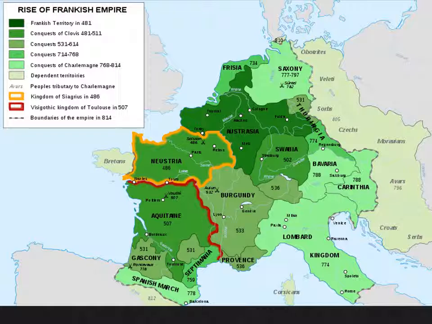He will expand the Frankish kingdom into this vast empire, which will incorporate much of Western and Central Europe, and he will eventually, during his reign, conquer Italy. His rule is also associated with what we call the Carolingian Renaissance, which is a revival of art, religion, and culture through the medium of the Catholic Church. So keeping that in mind, let's move on to the next slide and take a look at what Charlemagne might have looked like.